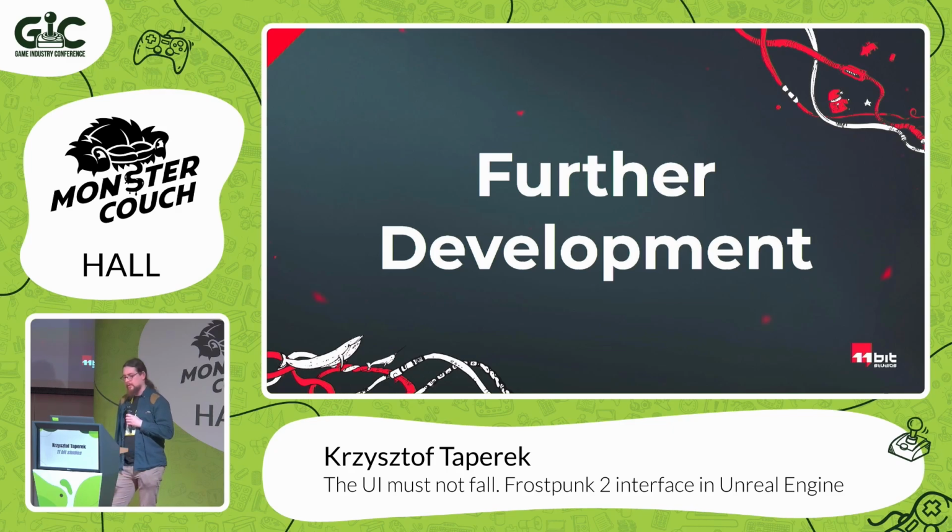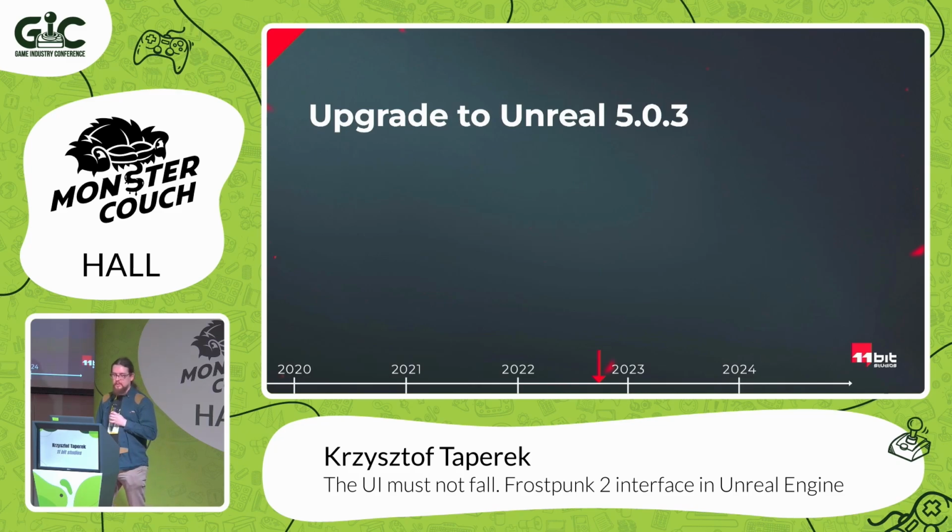Okay, so we introduced a lot of changes in the engine, in our code base. What about further development? We upgraded to Unreal 5 only at the end of 2022 because we were really not sure if it would be stable enough.